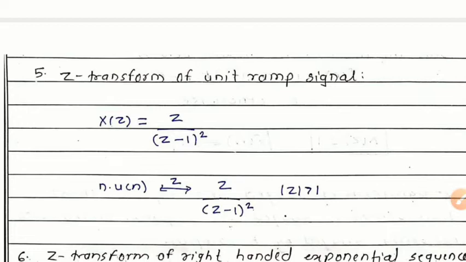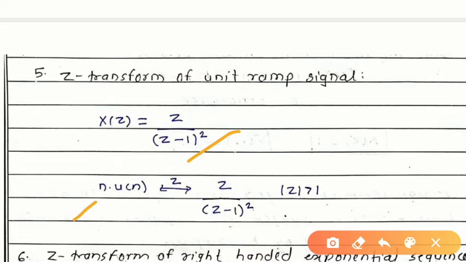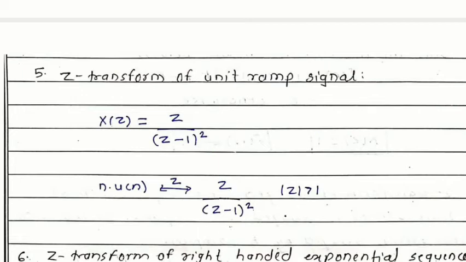It can also be written as n into u of n, which is the unit ramp signal.